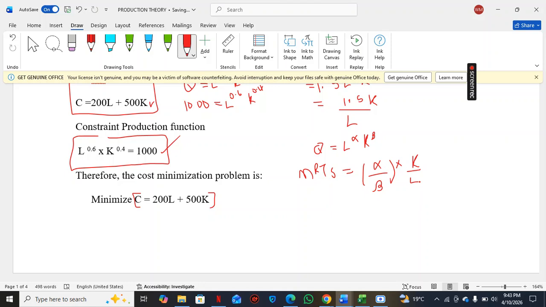Marginal rate of technical substitution is alpha over beta multiplied by K over L. So if we look at our production function, it's Q equals L to the power 0.6 K to the power 0.4.